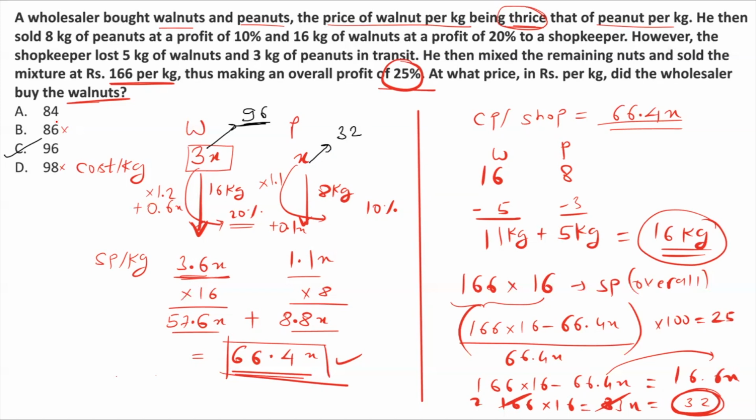So this approach is not logically correct. Luckily, it may fall in place because you get integers in the end, but that's sheer luck in this case, not the logical way out. The correct approach is the most methodical way we've discussed here: finding the overall cost price and overall selling price, and that's how we get the answer. Option C, 96 rupees per kg.